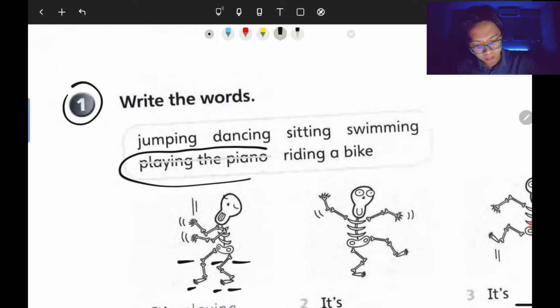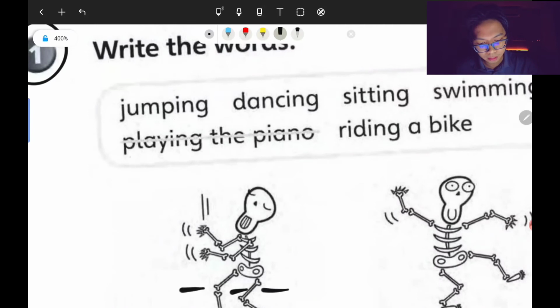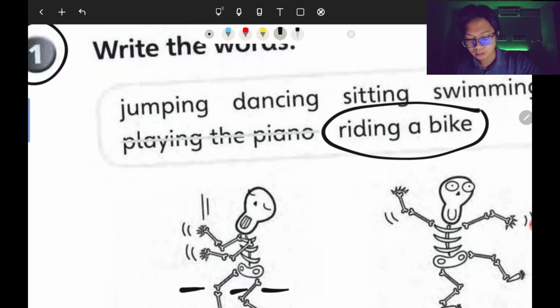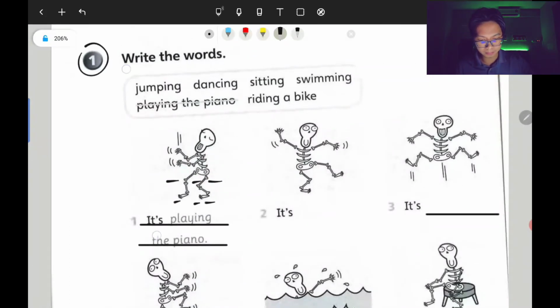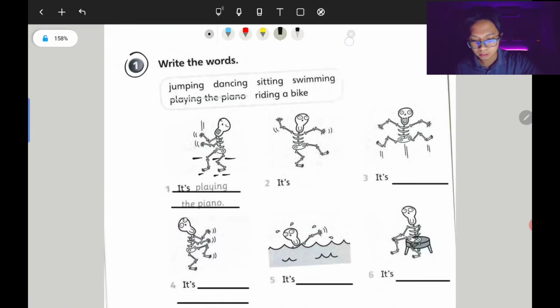Next one is playing the piano. Okay, playing the piano, bermain piano. And lastly, we have the action of riding a bike. Okay, menunggang basikal, bike. So right here, so we have 6 skeleton.